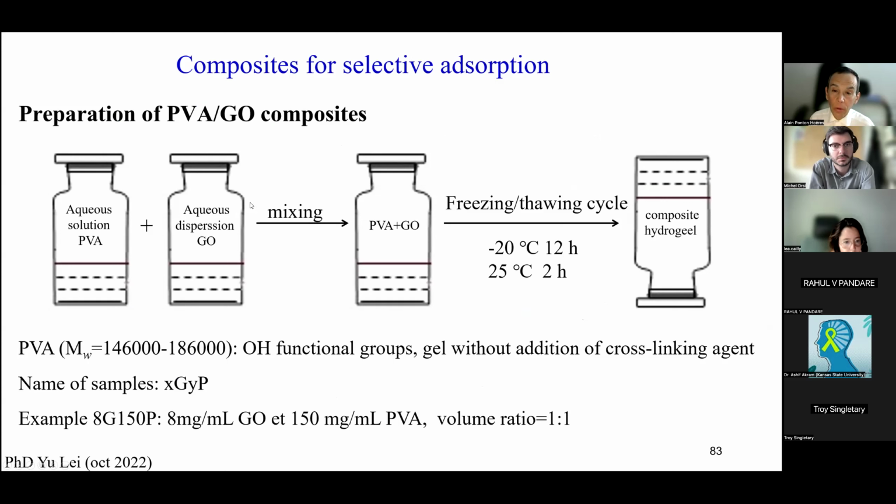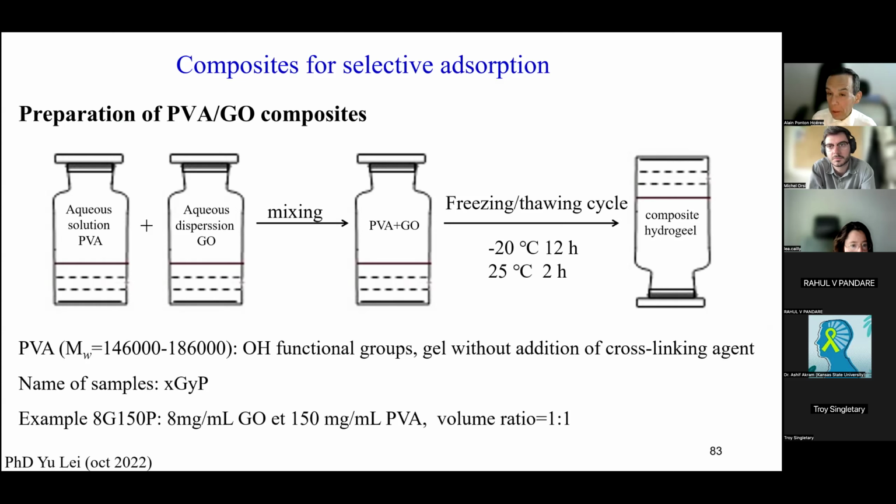So, for the composite, we have chosen PVA. Why PVA? Because by thermal cycling, you can induce gelation without adding a cross-linking agent. So just by thermal cycling, you obtain a hydrogel.